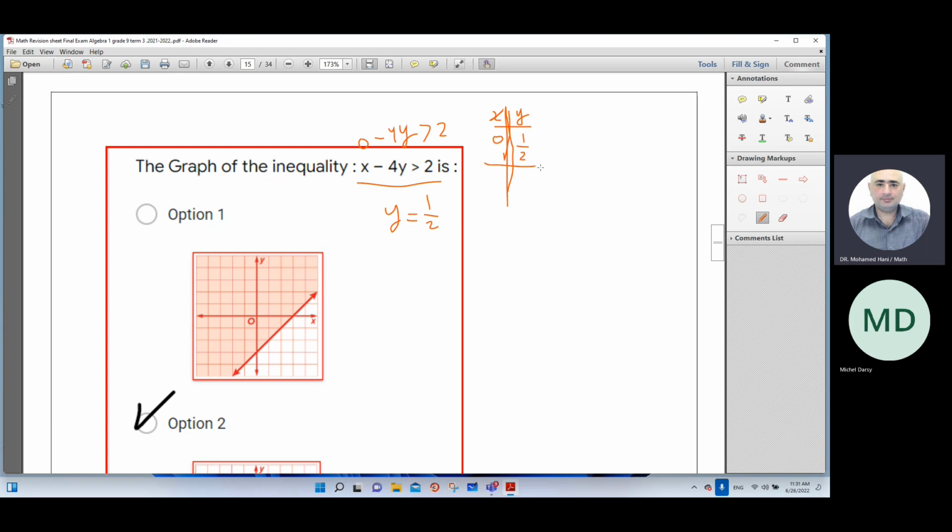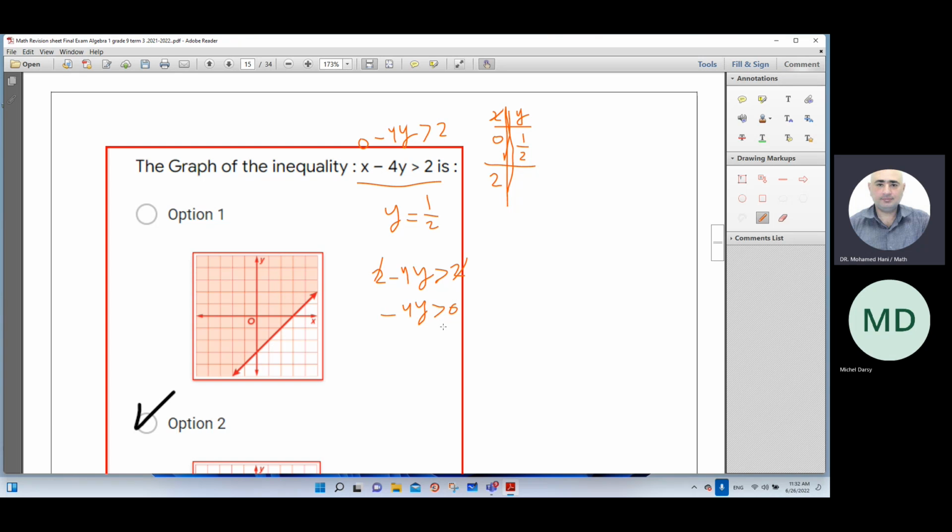Then you can choose a different value for x. If you choose 2, for example, the value of x will be 2 minus 4y greater than 2. Then you can subtract 2 from both sides, so negative 4y greater than 0.